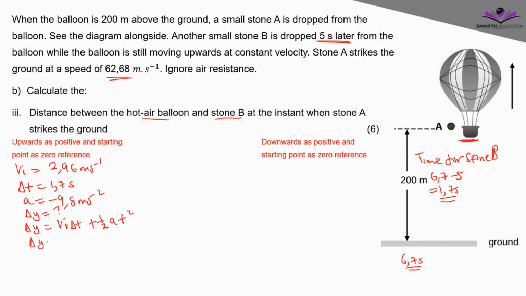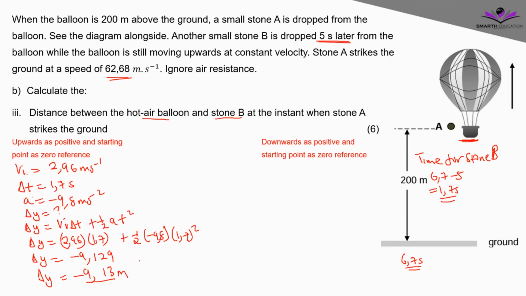So delta y is equal to 2.96 times 1.7 plus half times acceleration negative 9.8 times 1.7 squared. And then what you get, delta y is equal to negative 9.129. So displacement will be negative 9.13 meters. That's if we take upwards as positive.